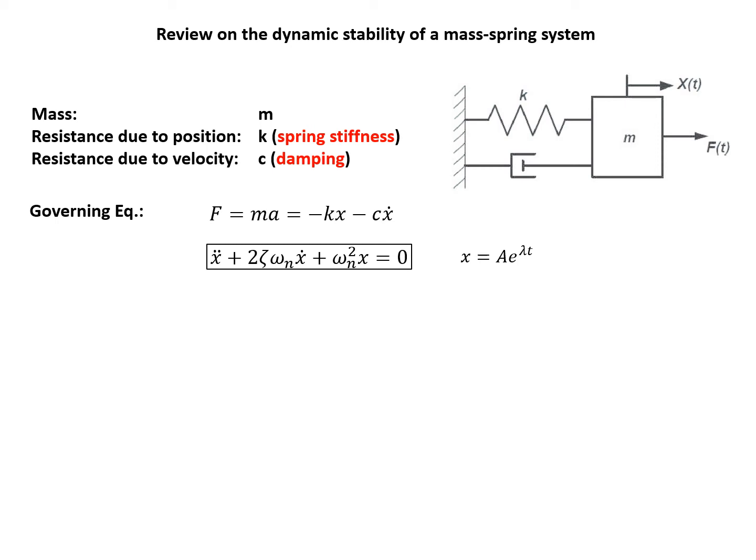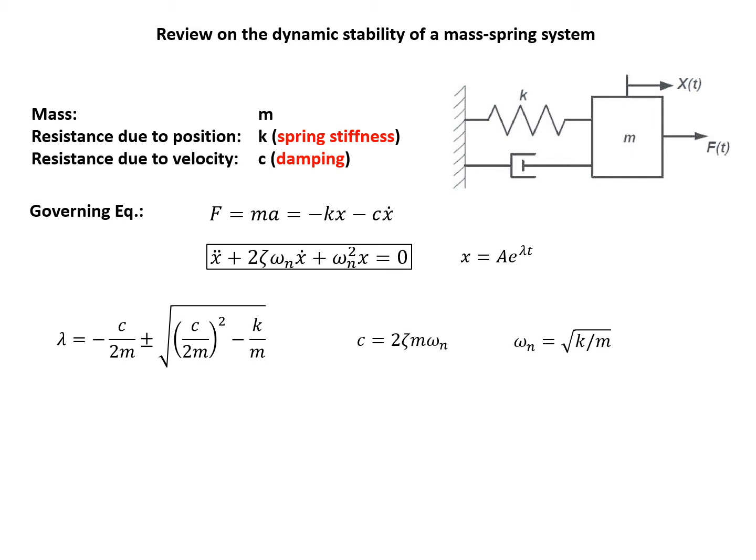And remember, we know x equals A e to the power of lambda t. And now let's consider whether we can replace lambda with zeta omega n. So we know lambda equals this relation, and then we know c, that's the damping, and the natural frequency.